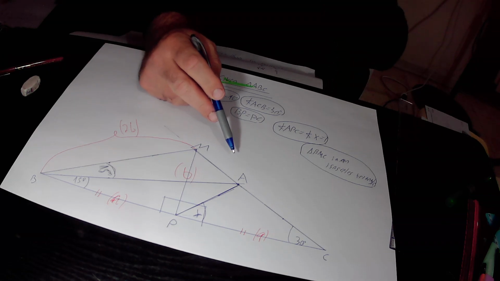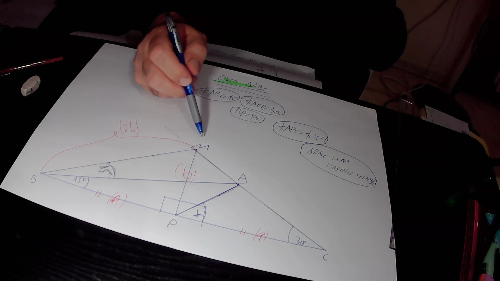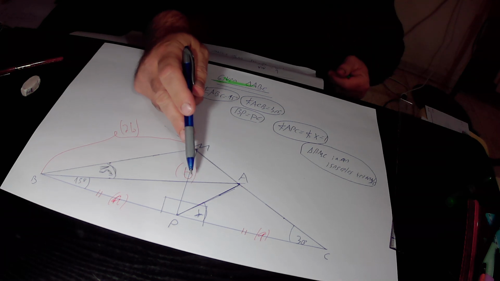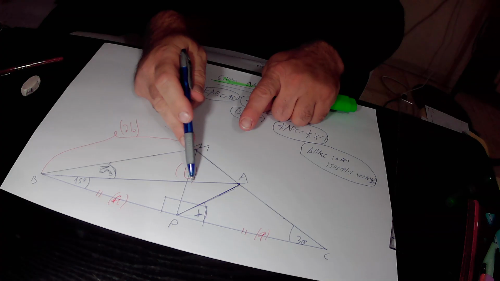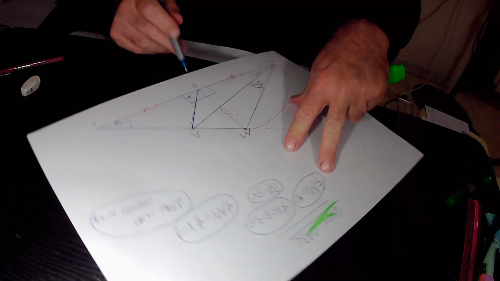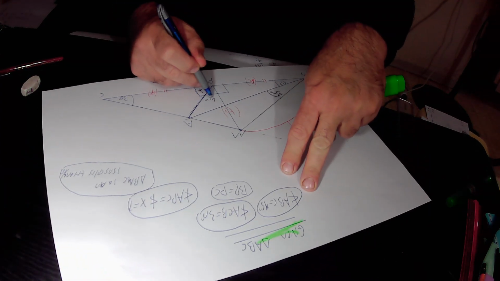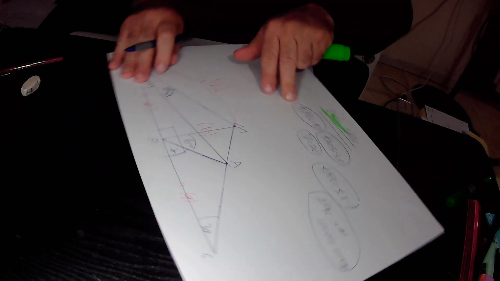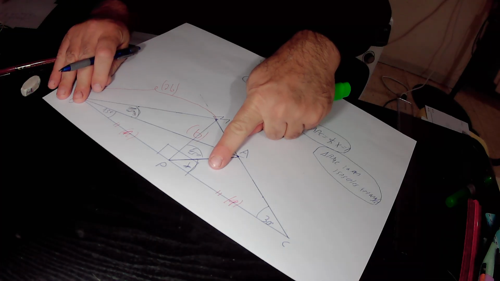So, therefore, angle bisector AP divides angle MPC into two halves. The first half is angle MPA, which is the first half of 90 degrees, 45 degrees. And the second half of 90 degrees is angle X, that is 45 degrees in its size.